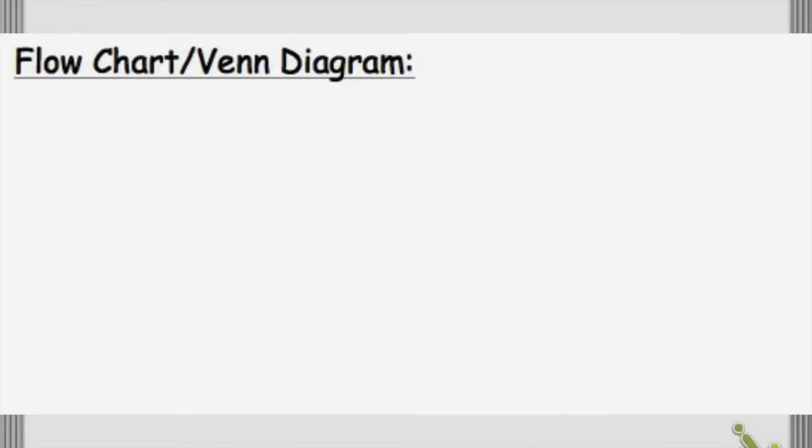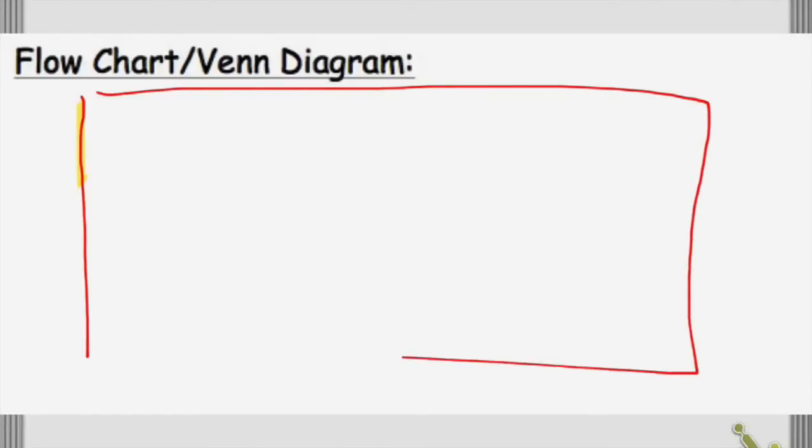So the next part of your notes, just the flowchart Venn diagram, that's really just organizing the sets of numbers into a Venn diagram. So we will typically create an overall set for the real numbers, and you have your symbol for your real numbers.